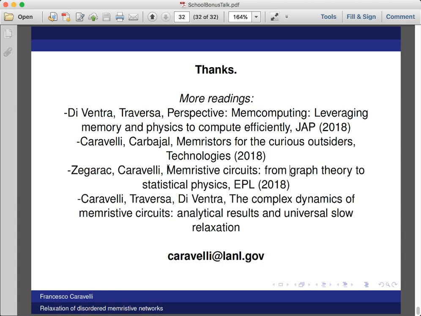Regarding the graph theory approach, I recently wrote a paper with my student Anna Dregarac, which recently came out in EPL. This is another perspective paper, where we derived the questions described in this presentation. They are also in the paper with Traversa and Di Ventra, the complex dynamics of memory circuits, which you can find on the arXiv and in PRE.